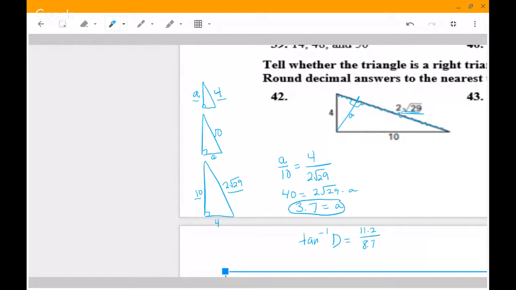That's how it would be set up. But then the calculator solves everything for you. You just hit the second button, so second tangent, and then this parentheses pops up, and you do 11.2 divided by 8.7.